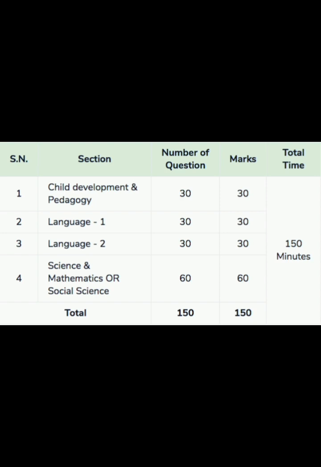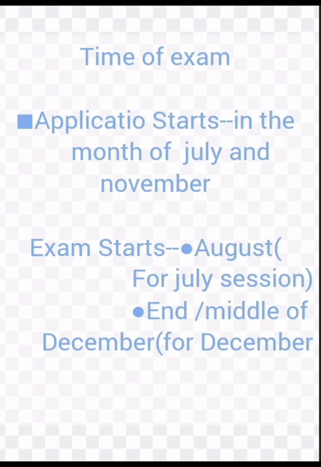If you are a science background student, then you have to sit science and mathematics. 60 questions will be there and the marks is 60. And if you are a mathematics, social science student, then there are 60 questions and the marks are 60. For social science, you have to read the NCERT 6 to 8 social science books. Total 150 marks.